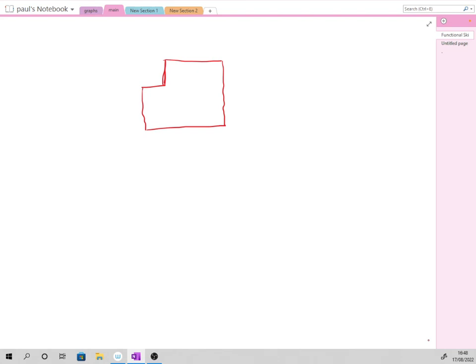There's no wobbly lines there, no slopey lines either at the moment. So if we say that that's 8 meters and that's 5 meters, not to scale.